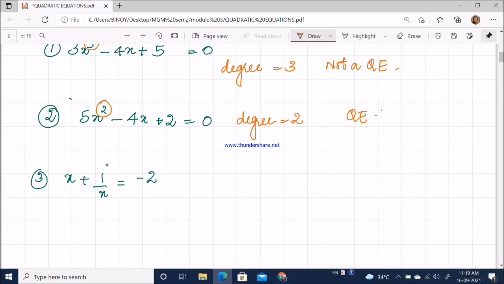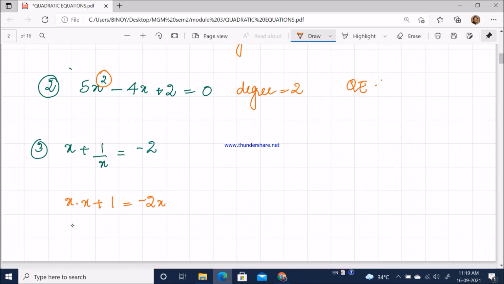Now in the third, we have to find the LCM. So multiplying x on both sides, x into x plus 1 is equal to minus 2x. So x into x can be rewritten as x square plus 1. Taking 2x to this side, it is x square plus 1 plus 2x equal to 0.